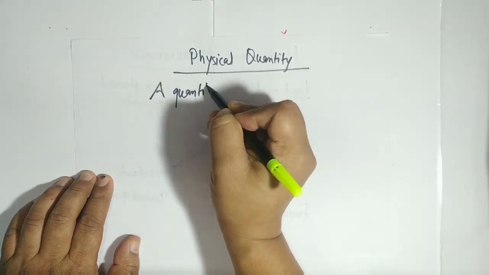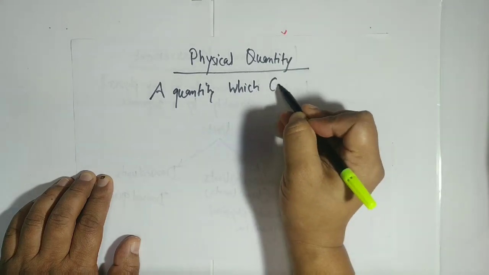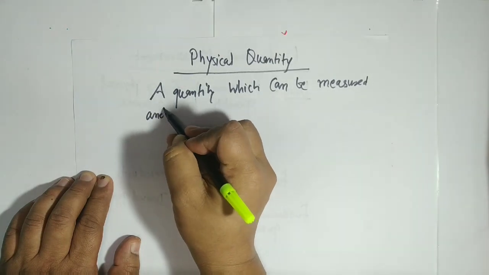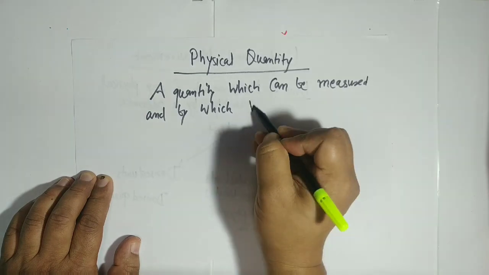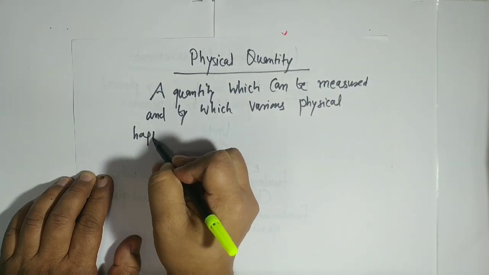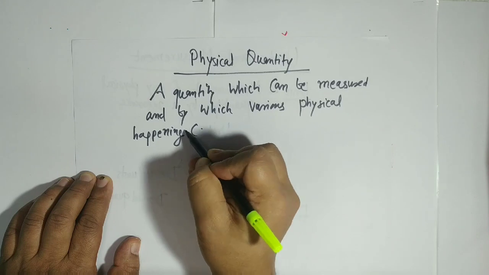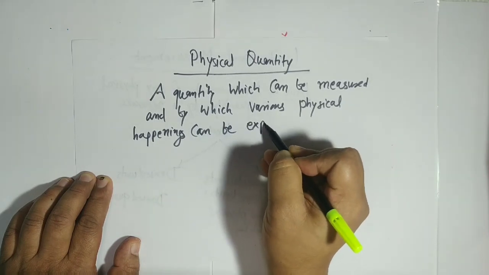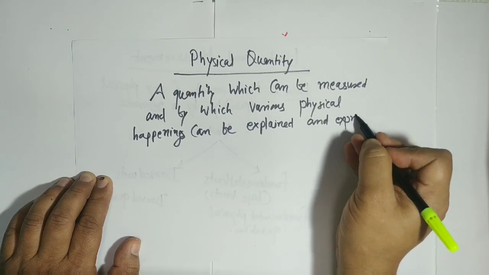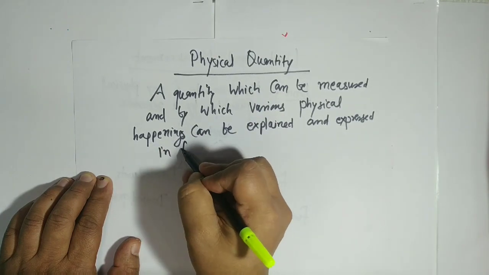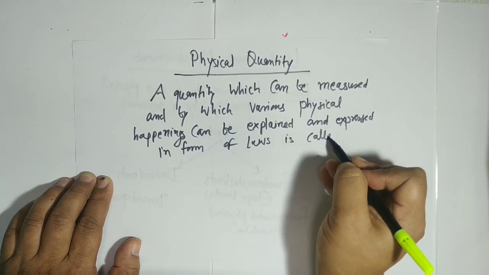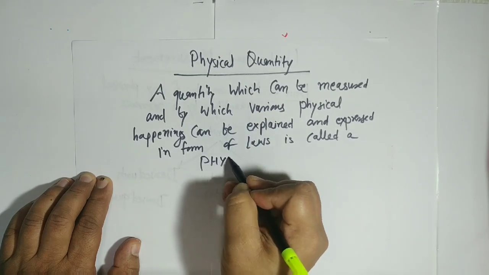A quantity which can be measured, and by which various physical happenings can be explained and expressed, we can say also in the form of laws, is called a physical quantity.